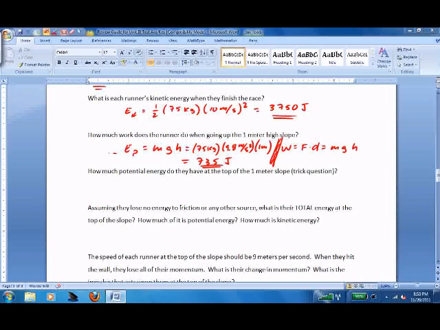Well, that's the same thing. Take the runner and you put them up 1 meter higher. That's the same as the potential energy that they've gained by going up. So it's the same thing. 735 joules worth.